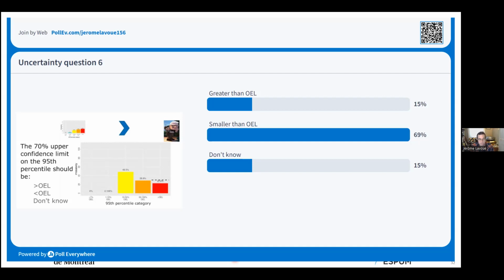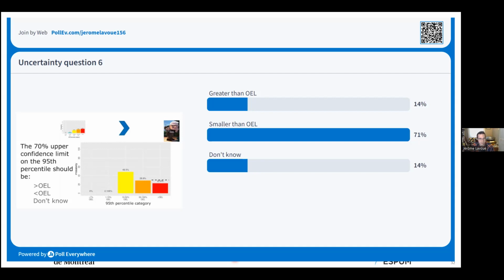Sorry, I didn't finish my sentence. The 95th percentile above the OEL is what we call overexposure. So this tells us that the risk of overexposure, or the risk of a problem, is a 22% chance.